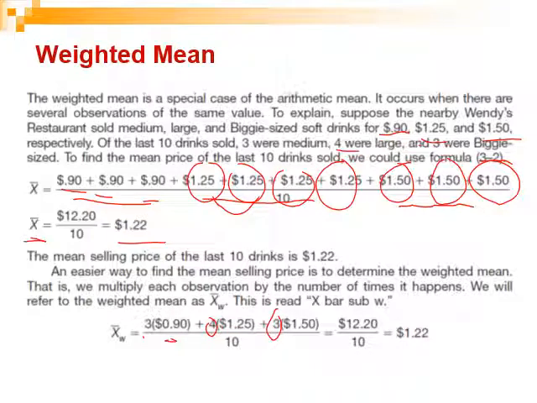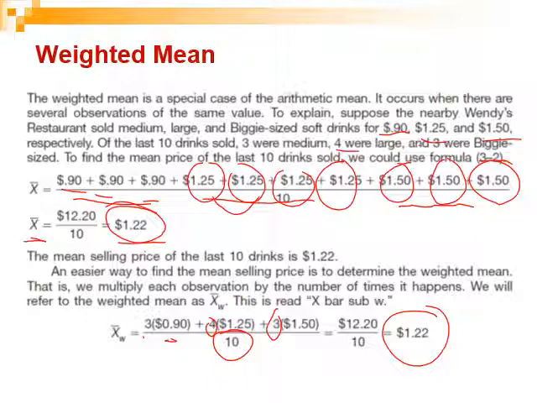We multiply each one by the number of times it happened, and this is what's called the weighted mean. We also divide it by the total sample number, which is equal to 10, because we have only 10 values, and we get the same result for x bar, but in an easier way.